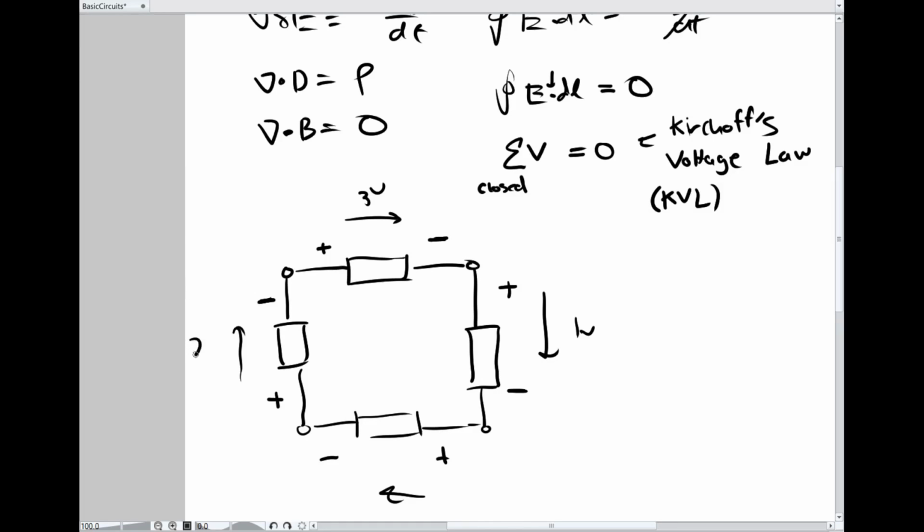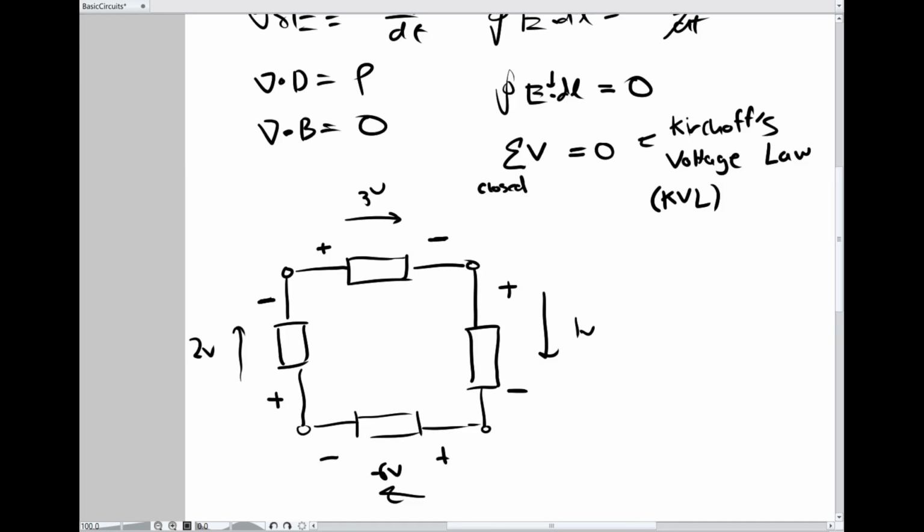And if this is 2 volts, it takes 2 joules to move it this way. And if this is, we have to make sure that Kirchhoff's voltage law is true now, minus 6 volts, it takes minus 6 joules to move it this way. Cool, and that was obviously opposite the arrows all the way around. But it doesn't matter which way I draw the arrows as long as I'm drawing them all in the same direction.